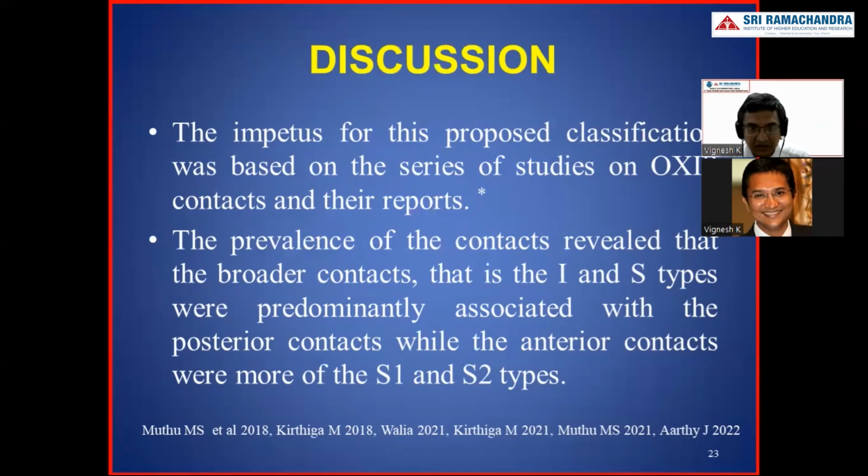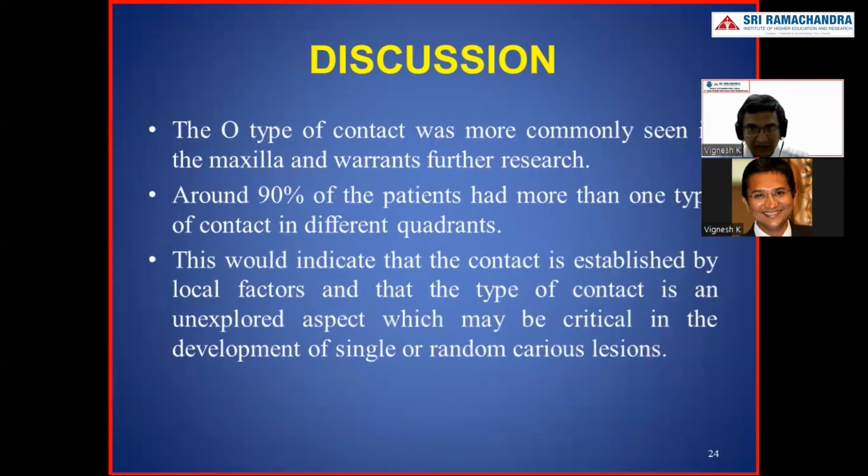The prevalence of the contacts revealed that the broader contacts, that is the I and S types, were predominantly associated with the posterior contacts, while the anterior contacts were more of the S1 and S2 types. The O type of contact was more commonly seen in the maxilla and warrants further research. Around 90% of the patients had more than one type of contact in different quadrants.